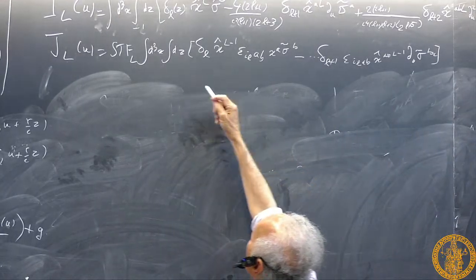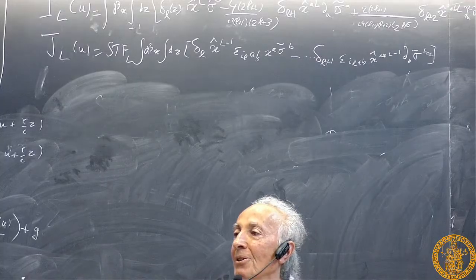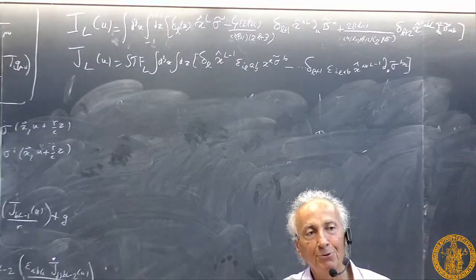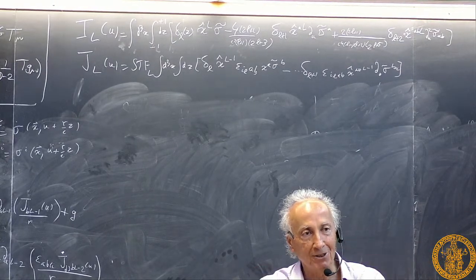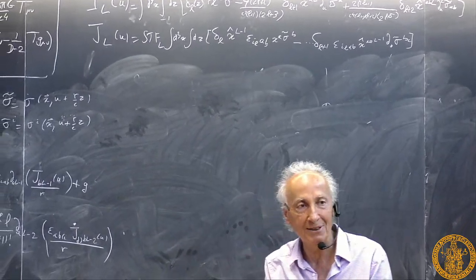Then we recognize in this first term the usual multipole moment if you have a matter density rho. Yesterday we explained the usual multipole moments. This is rho x, x, x, x, symmetric trace-free. It's the usual Newtonian multipole moment of a mass density.